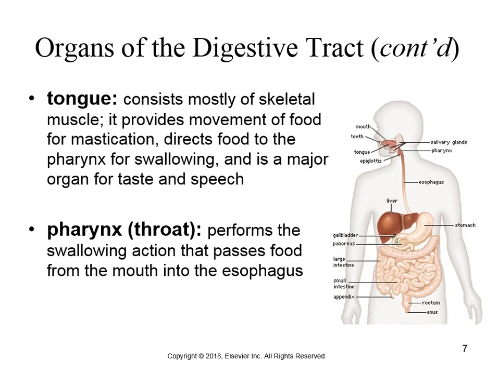So the tongue is actually one giant muscle. It's composed mostly of skeletal muscle, but you don't have any bones in your tongue. And its job is to basically move the food around, direct it back to the throat. And it's also the major organ of speech as well as taste. Your tongue is covered with taste buds, but you also use it a lot to speak.